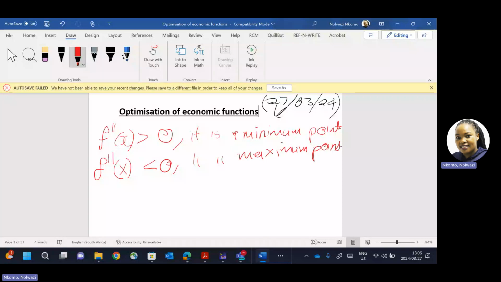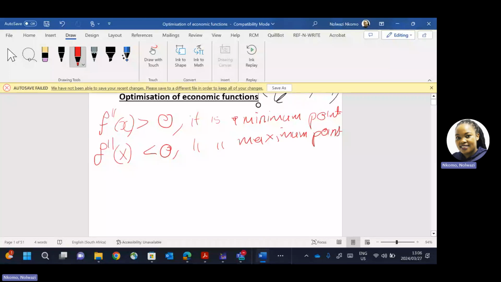And if the second derivative at that x value is less than 0, then that is a maximum point, a stationary point, or the turning point.